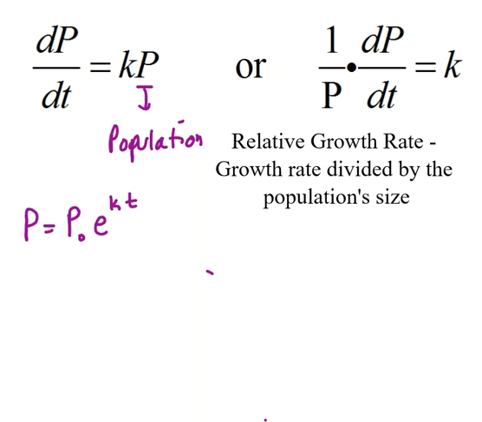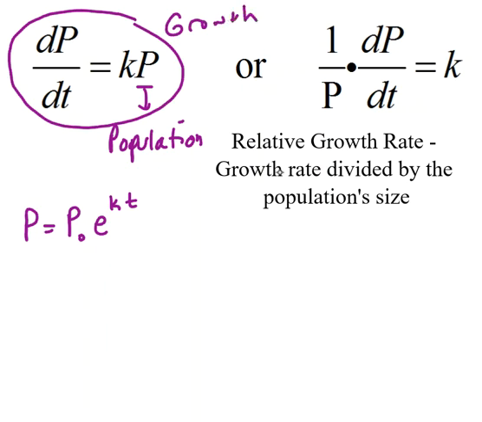And again, you can see that Pert coming in there as well. The other thing we have here is the relative growth rate. So dP/dt is called the growth rate.